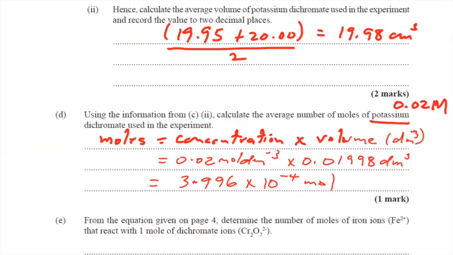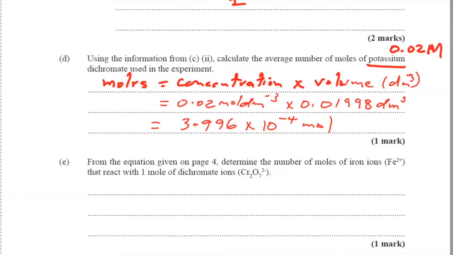Now, the next question, part E, says, from the equation given on page 4, determine the number of moles of iron ions, that's Fe2+, that react with 1 mole of dichromate ions. Now, we're just going to write down that equation so we don't have to scroll. So the equation said Cr2O7 2- plus 6Fe2+.